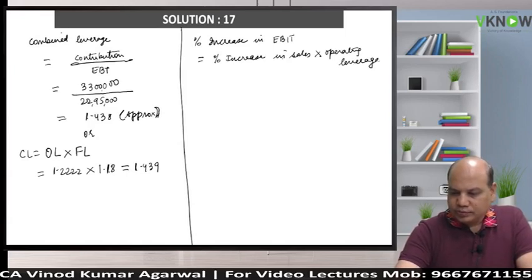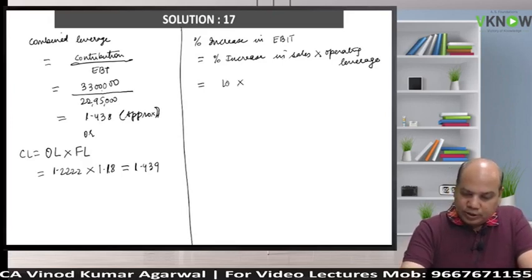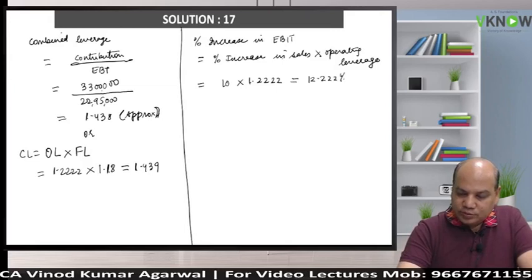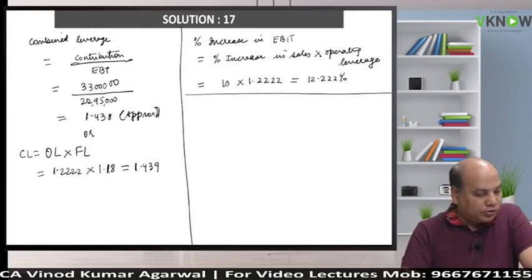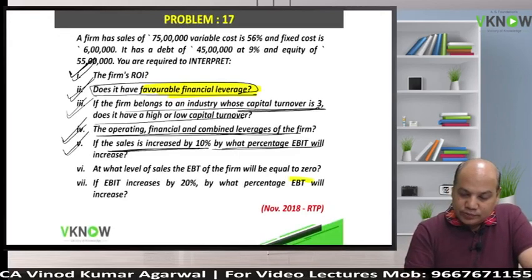Percentage increase in sales is 10, operating leverage is 1.2222, so it is 12.2222%. Done. If you know the concept, you can solve easily.